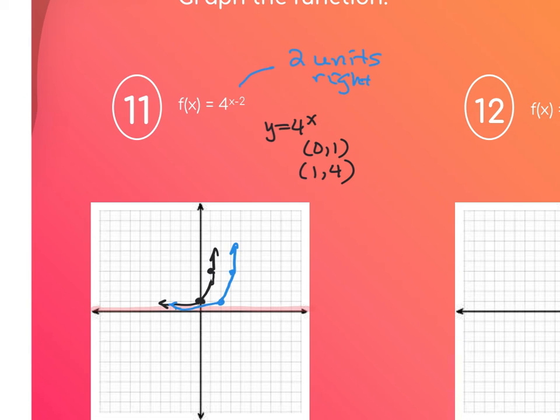And again, it's skimming along the asymptote. So the asymptote is still staying at y equals 0 when the shift is left and right. The next example has a shift up 3 units, so we will be moving the asymptote.